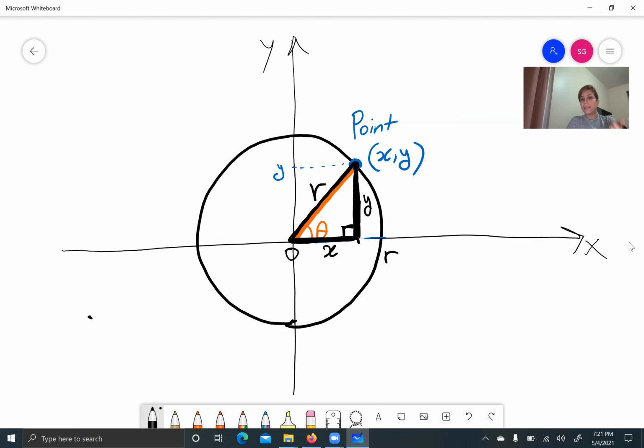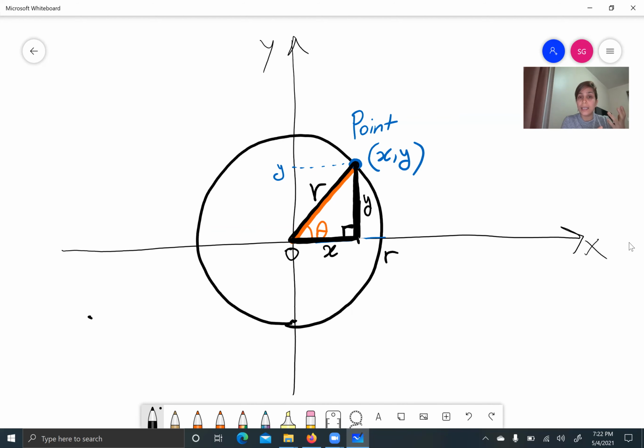As you can see, every time that we have an angle, it automatically comes with a right triangle. Each angle uniquely determines a unique point on the circle, and also a unique right triangle in which we know the size.